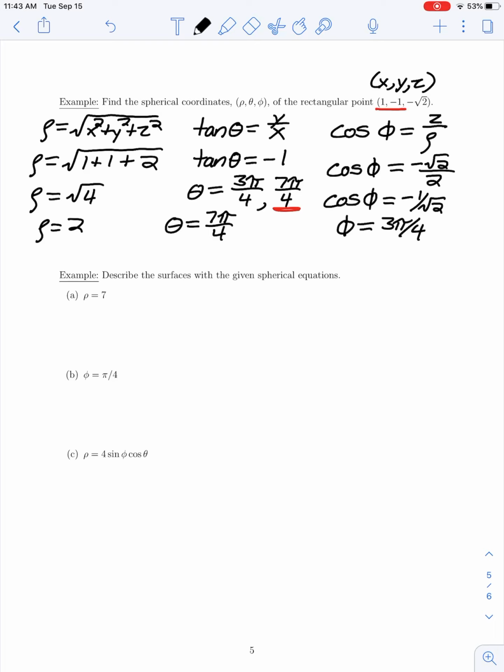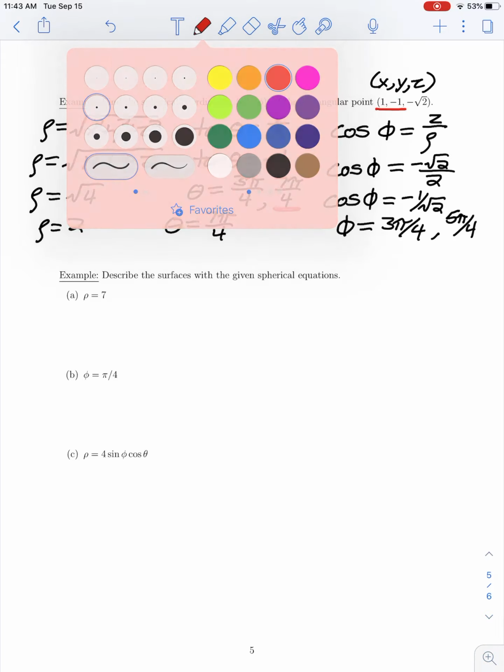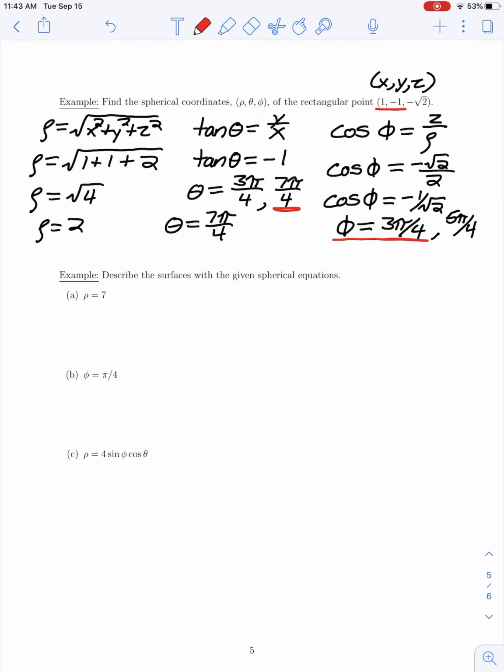Recall here, there's another angle possible, but recall that phi here must lie between 0 and pi as part of our definition. So another such angle would be 5 pi over 4. However, since phi must lie between 0 and pi, we would take only this first angle measure.